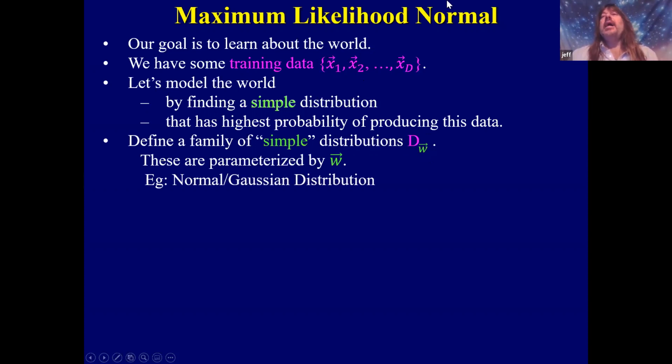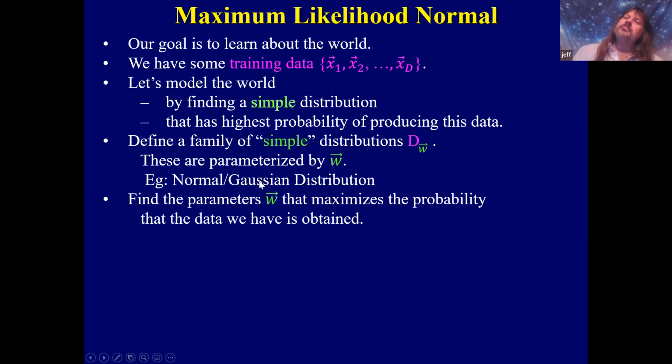And since we have the word normal in the title, the distributions we're going to consider are normal. If you want to know the difference between normal and Gaussian, normal is over continuous numbers, where Gaussian is over discrete, but it's the same idea.